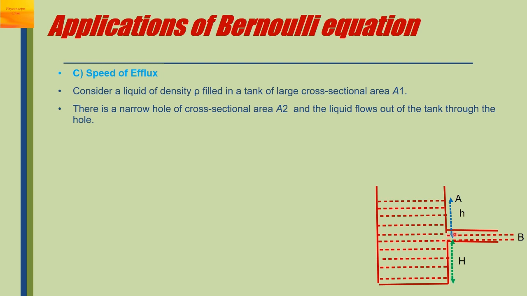It has an area of cross-section which we will denote as A2. This hole we are denoting as point B, and the top surface of the liquid we are denoting as A. The liquid will flow out of this tank through this hole.